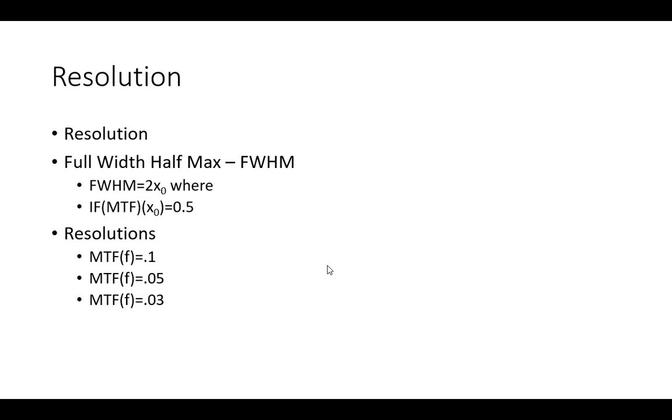That's what it is. Usually this is done on the point spread function. You can also do it on the line spread function. You find the maximum point of either, go down half, cut across, and since both are spatial domains, it tells you how wide that is.